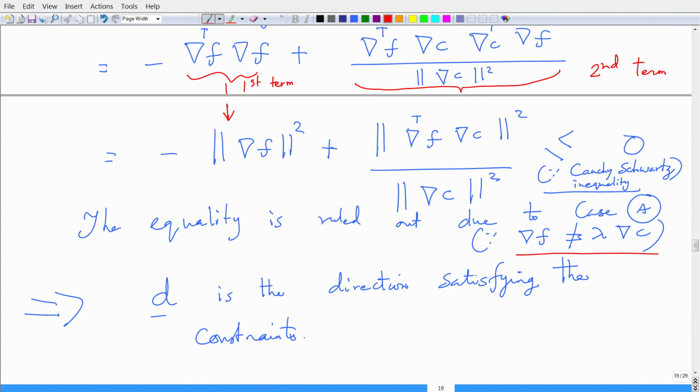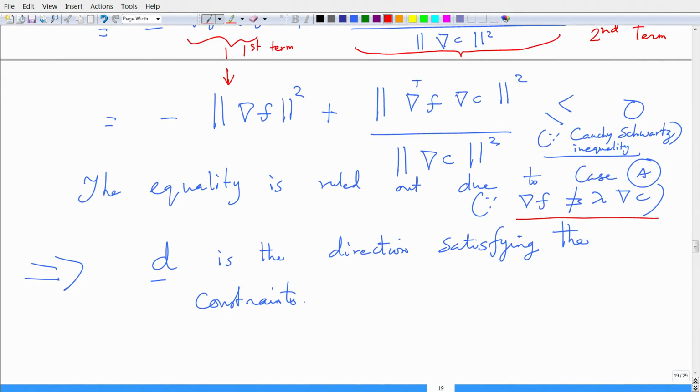So, D is indeed the correct direction because it satisfies the constraints that we have.